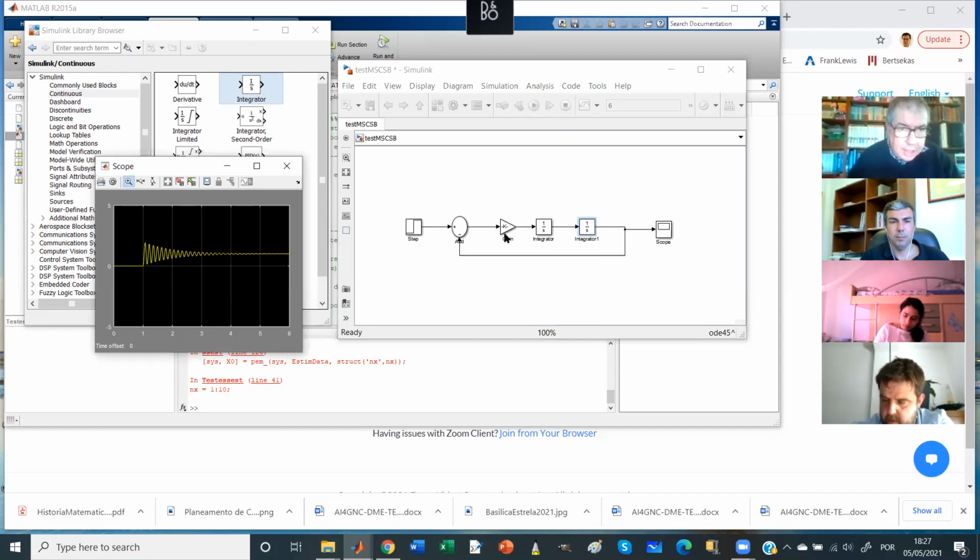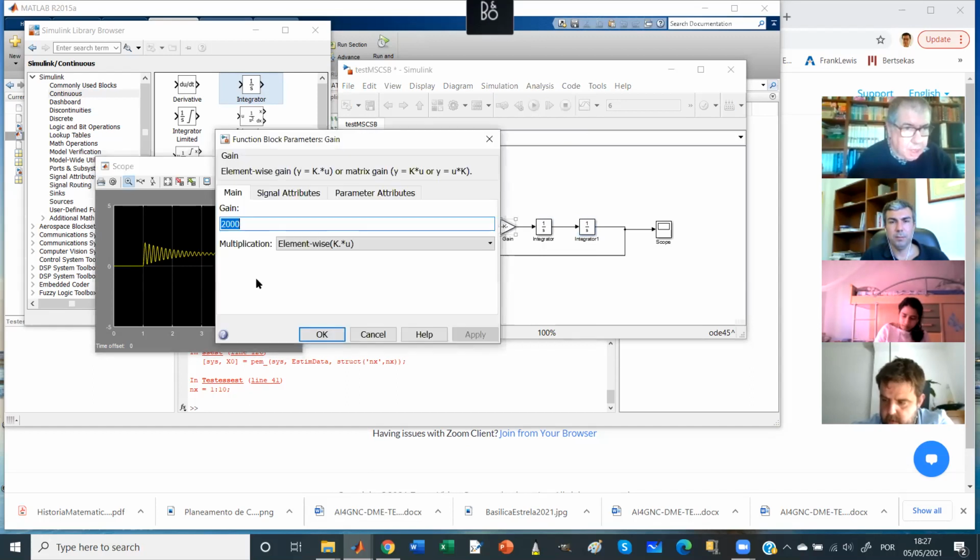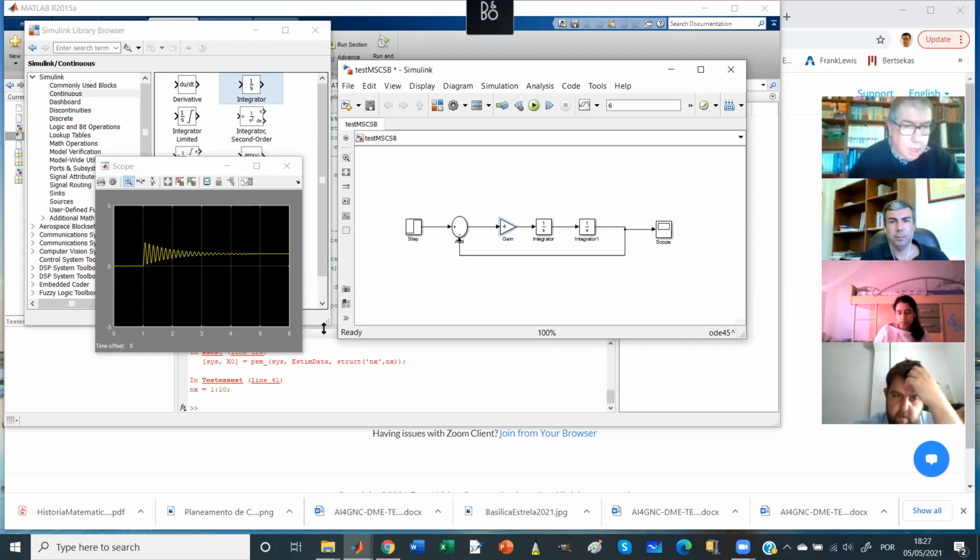So instead of a gain of 2000, let's use a gain of 4. We save it and run. Okay, you see the oscillation.